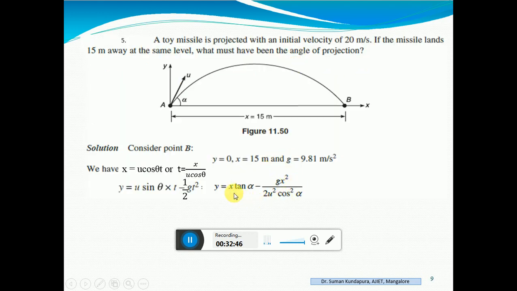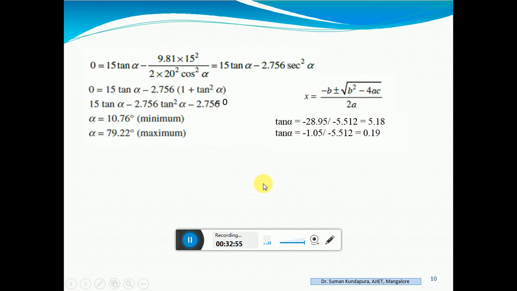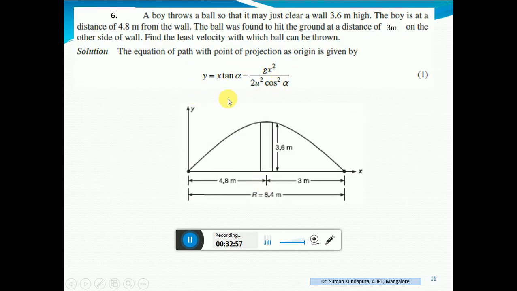By substituting t is equal to x by u cos theta or cos alpha, we got this expression. So directly we are taking that expression, the equation of path with the point of projection as origin. Now the point of projection started and where it goes and hits the ground, the total distance is 7.8 meter.